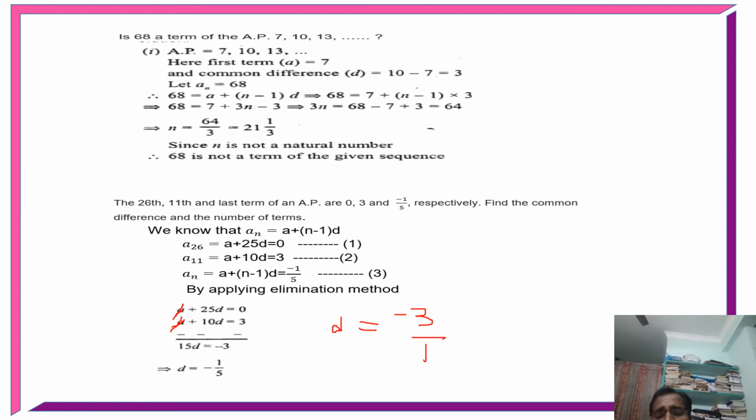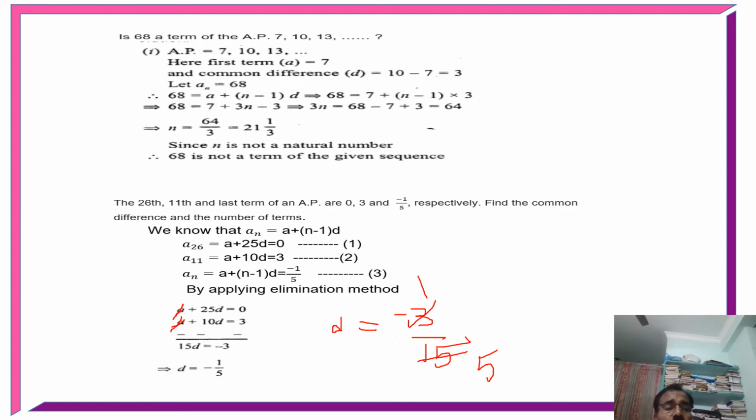If you do cancellation, what will you get? 3 ones are 3, 3 fives are 15. So here minus 1 by 5 is the common difference. By using this common difference, substituting in any one of these two equations, we get the a value.